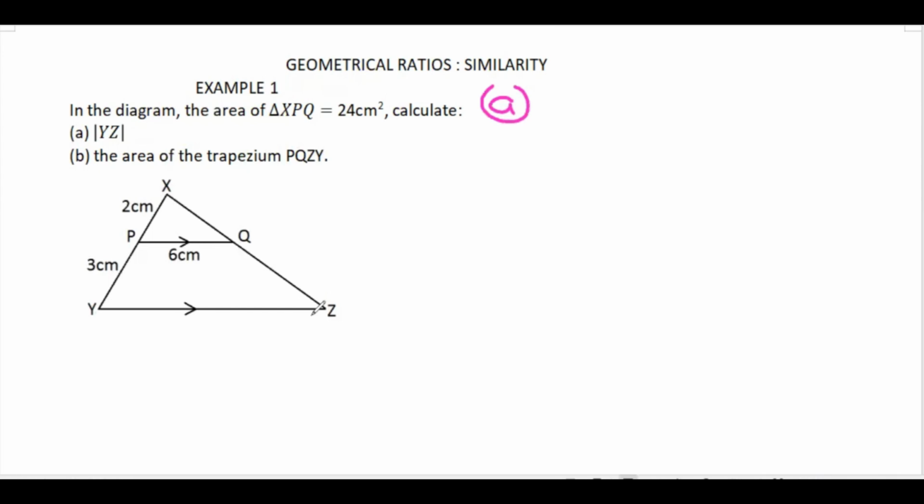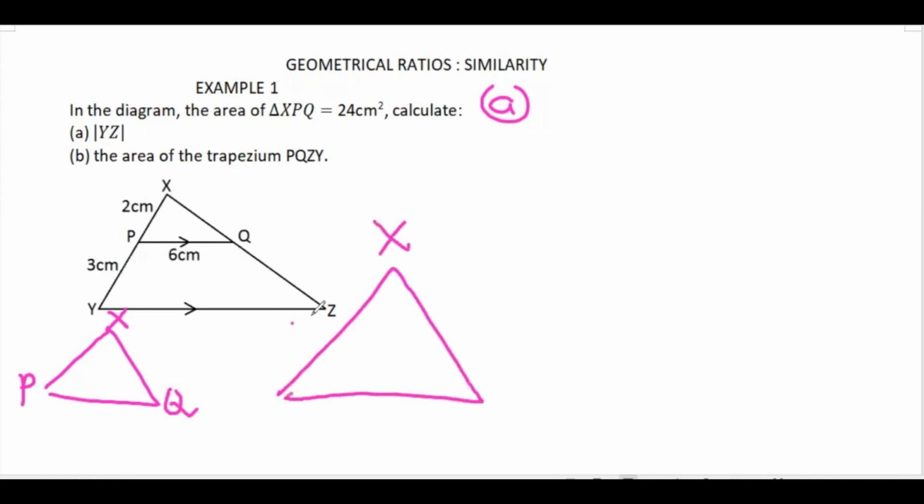So first of all, if you look at the first triangle, this XPQ, and the second one, the bigger one, which is XYZ. You can see that angle at P, because this side PQ is said to be parallel to YZ, the angle here is corresponding to the angle here.